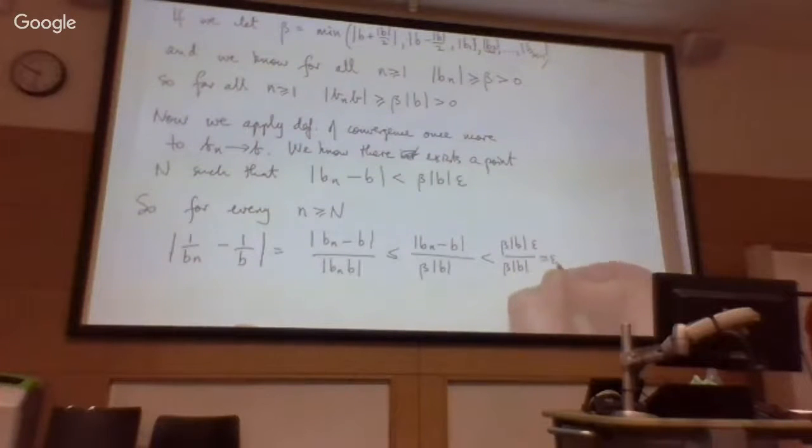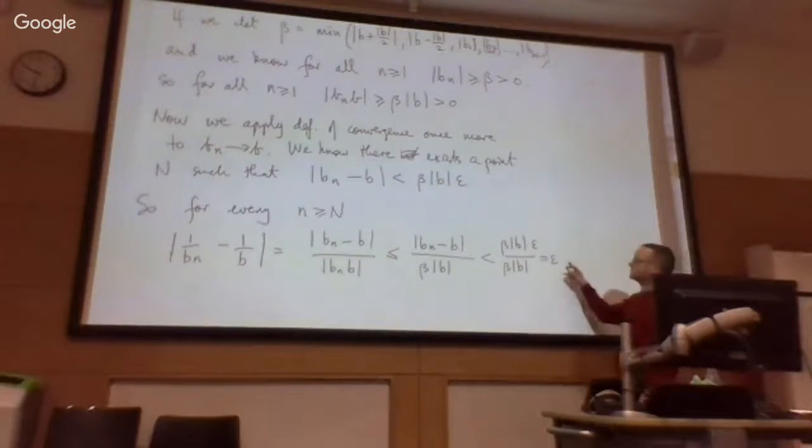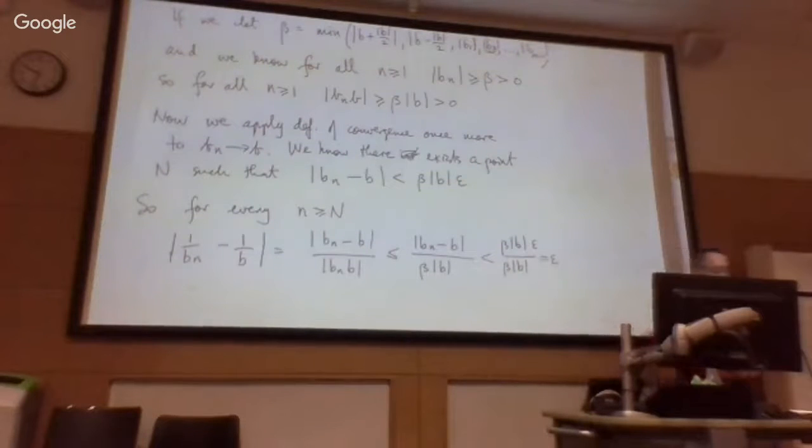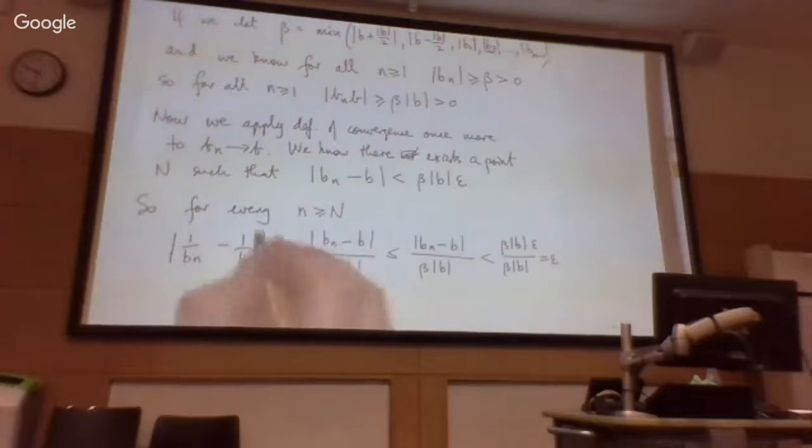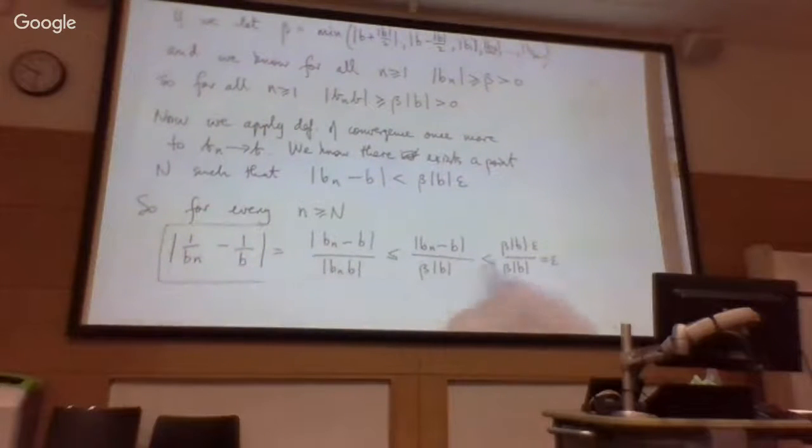And that's just equal to epsilon. Okay. So that's what I've got across the page there. The bit I'm interested in is that this absolute value is strictly less than epsilon.